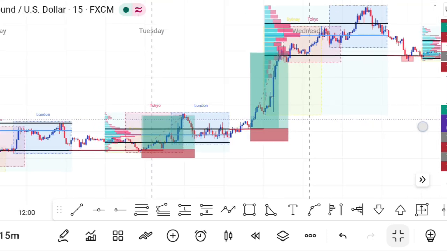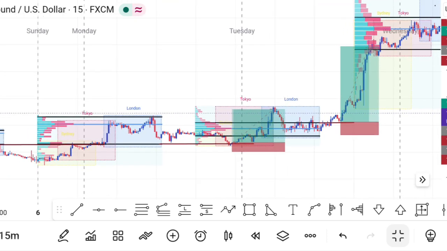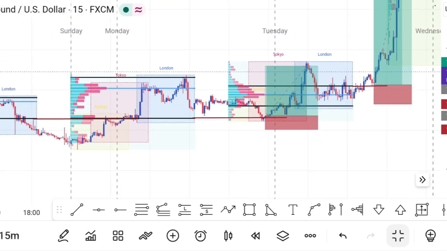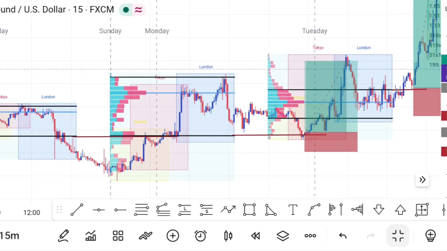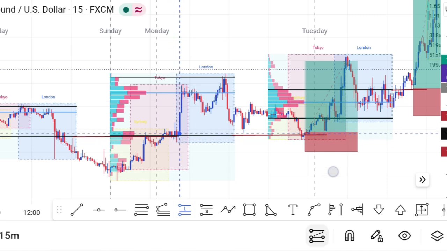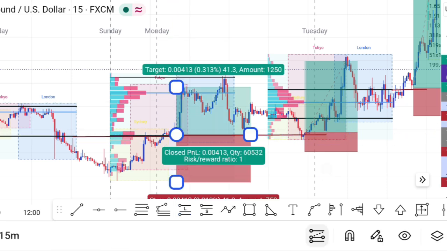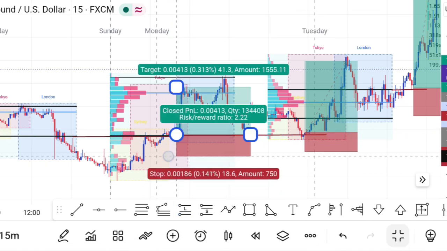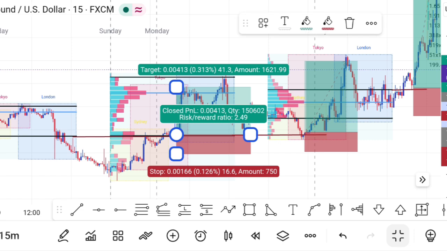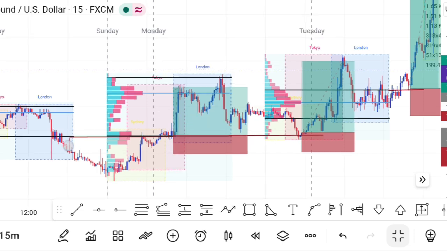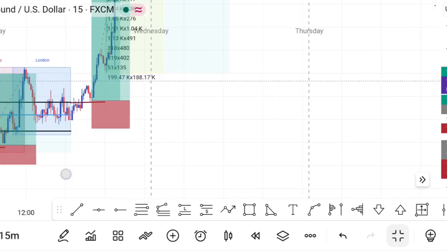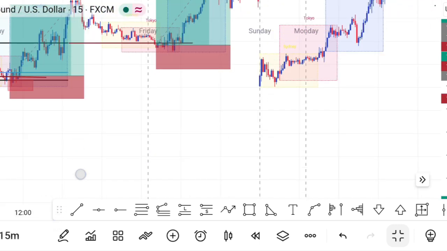On Tuesday I got 1:3, and on Monday, let me see, on Monday I got 1:2. Now you can see how the strategy works.